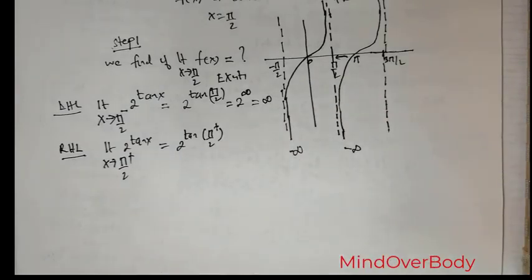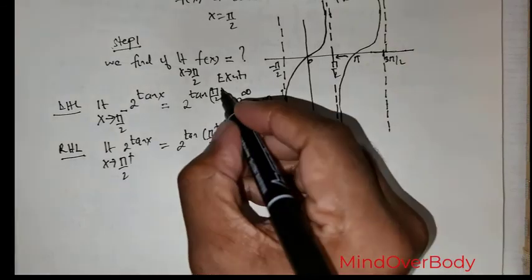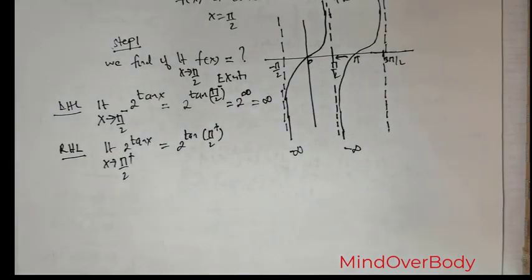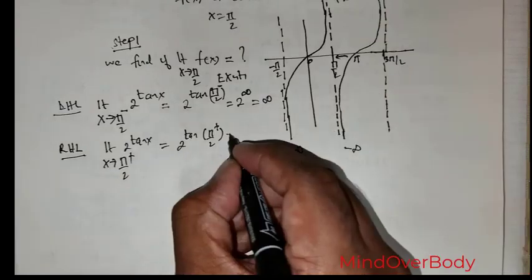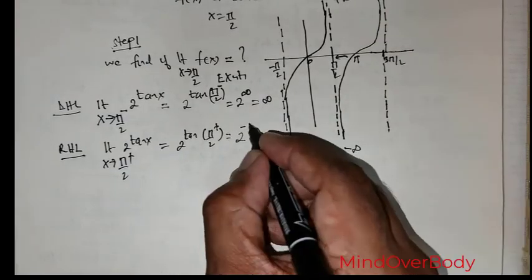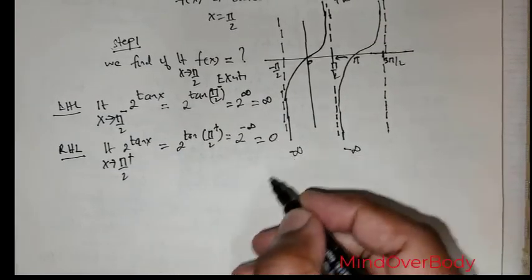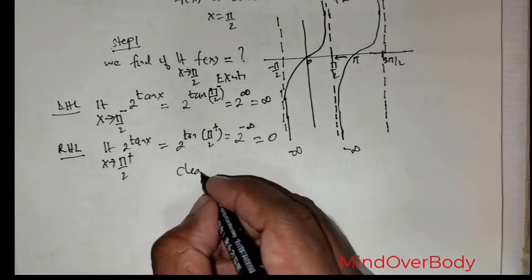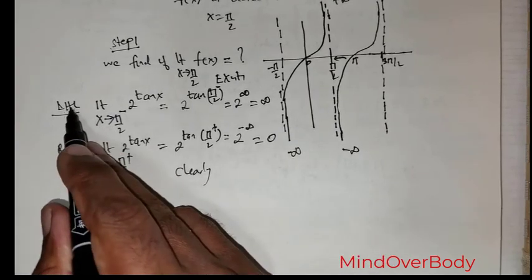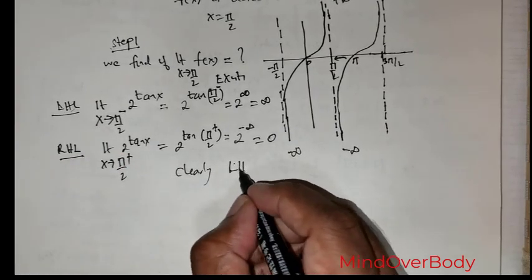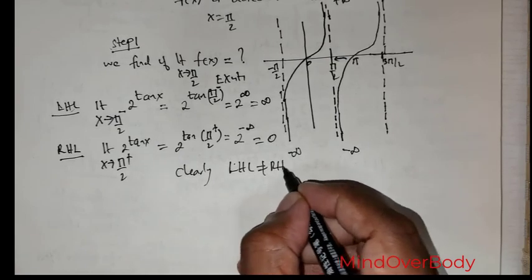This is going to give me 2 raised to the power of negative infinity, which is nothing but 0. So clearly the left hand limit is not equal to the right hand limit.